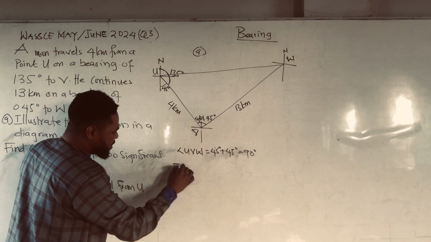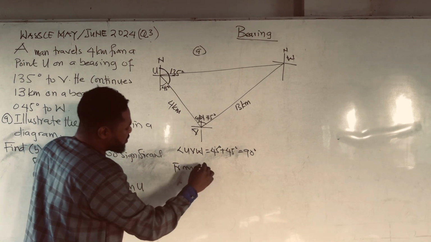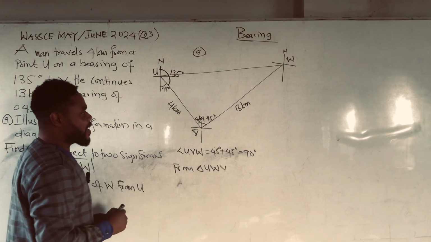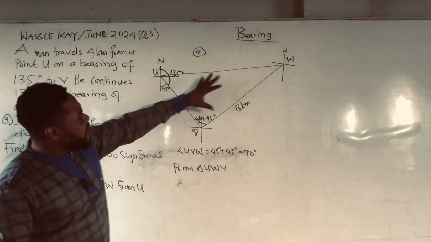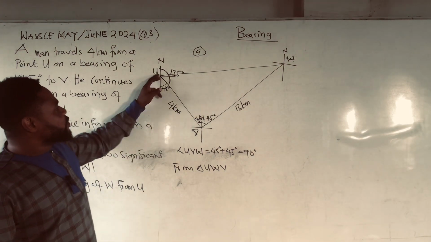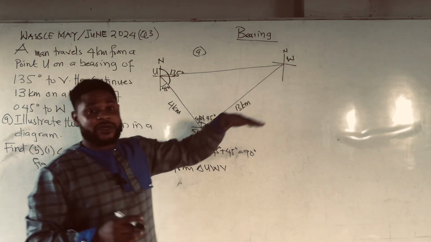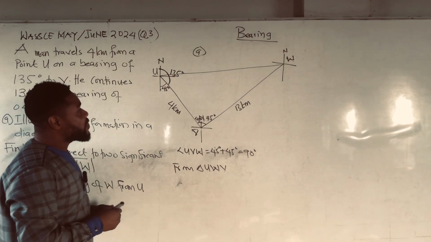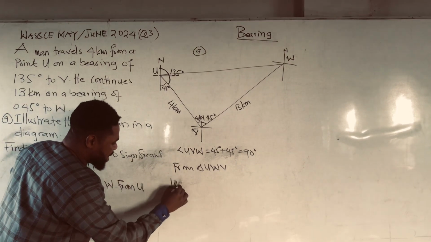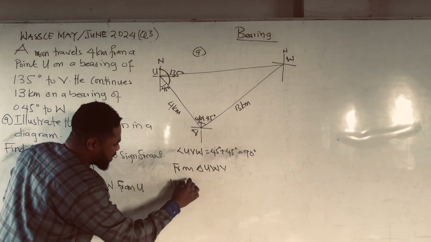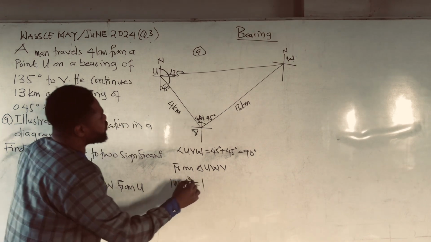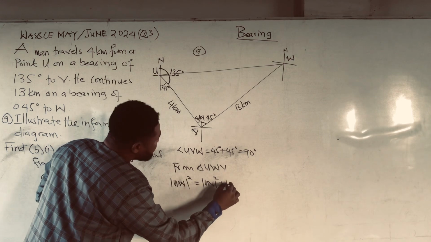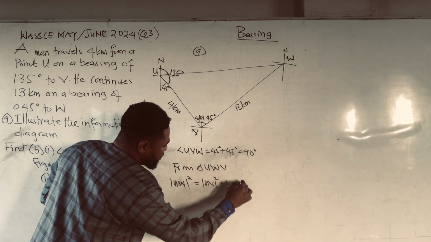So we say, from triangle UWV, this is a right angle triangle, so UW is the hypotenuse. Therefore, from Pythagoras theorem, we can say that UW squared should be equal to UV squared plus VW squared.